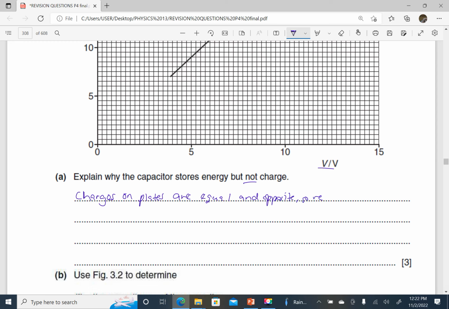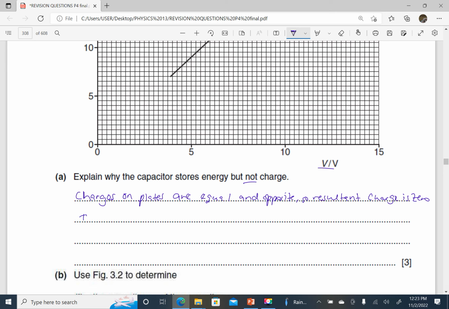So the resultant charge is 0. So the capacitor does not store charge. But there is work done in separating the charges, which is the energy stored by the capacitor.